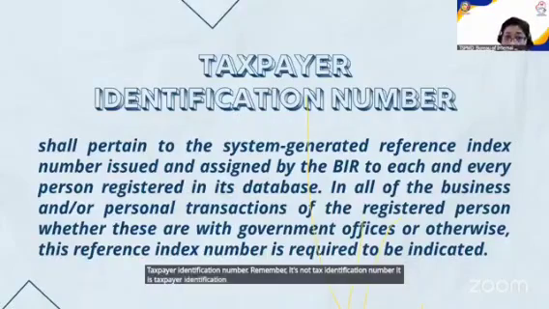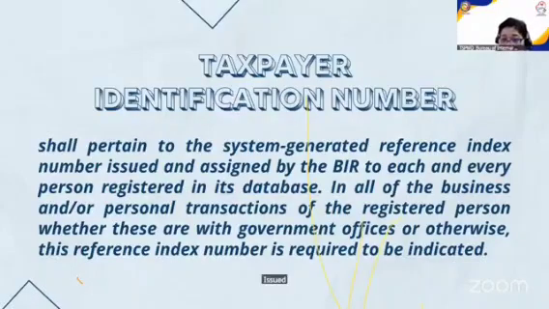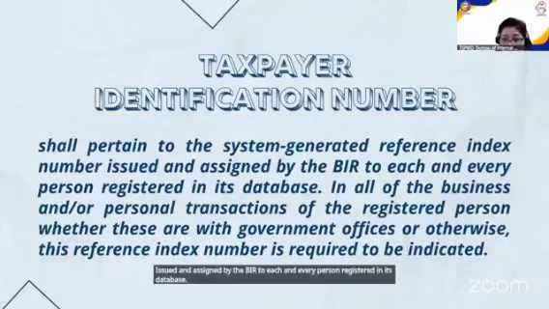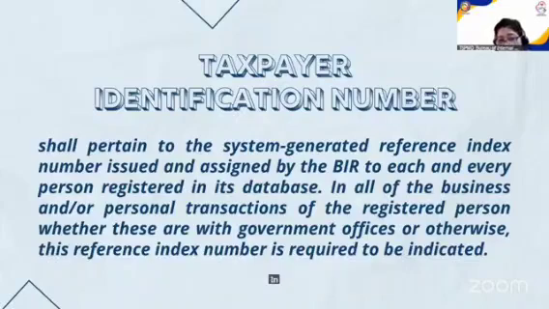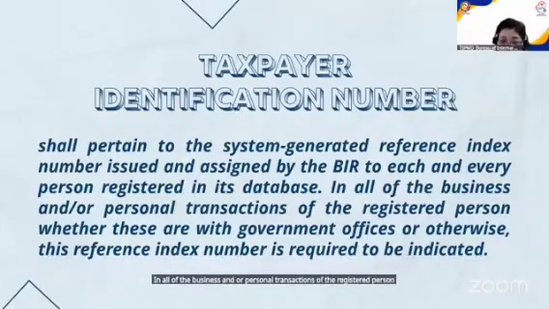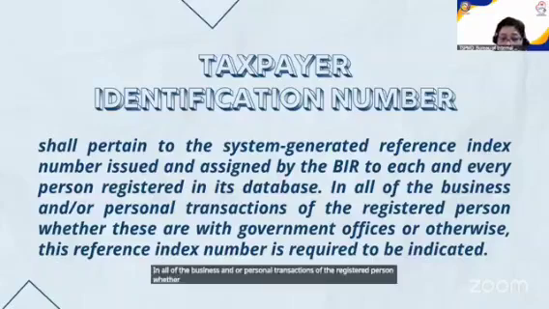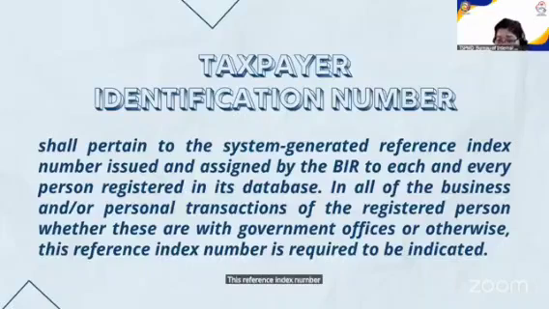It shall pertain to the system-generated reference index number issued and assigned by the BIR to each and every person registered in its database. In all of the business and or personal transactions of the registered person, whether these are with government offices or otherwise, this reference index number is required to be indicated.